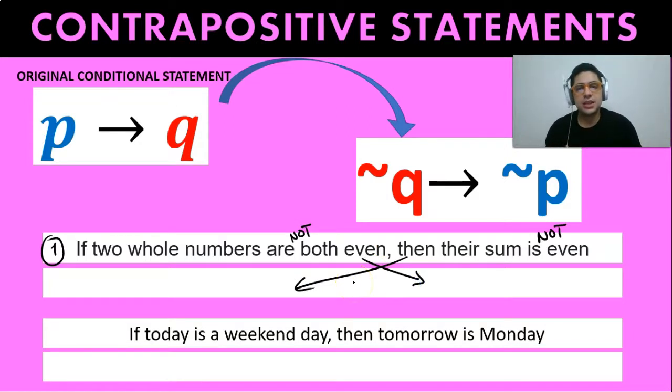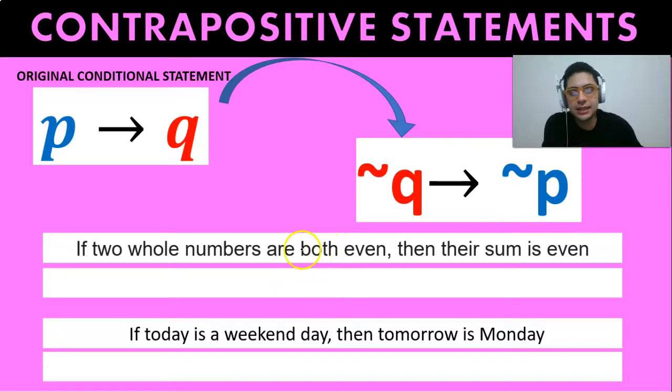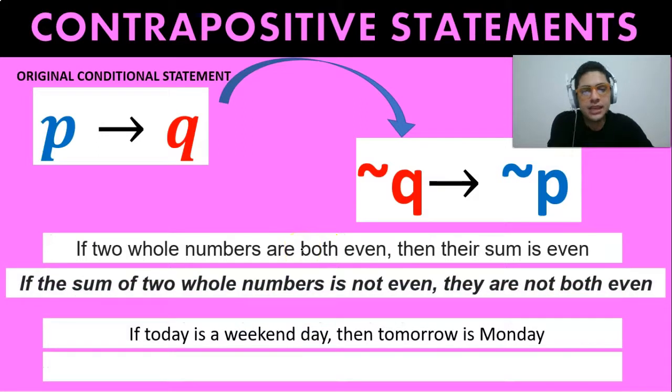So the contrapositive is going to say, if the sum of two numbers is not even, then those two whole numbers are not both even, right? So we're going to take a look at that. If the sum of two whole numbers is not even, then they are not both even, right?